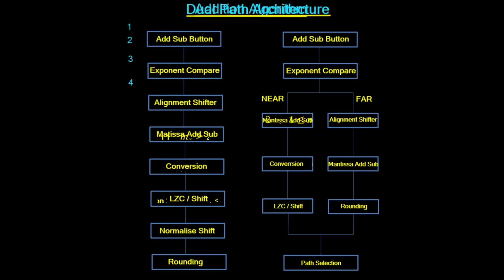So having done this initial alignment, we therefore head on, and we can do the adding and subtracting, but we don't need to do the conversion phase. Now there's no conversion phase needed because we know whenever we're doing the subtraction down this path here, the exponent value is going to be a value which is greater than 1.